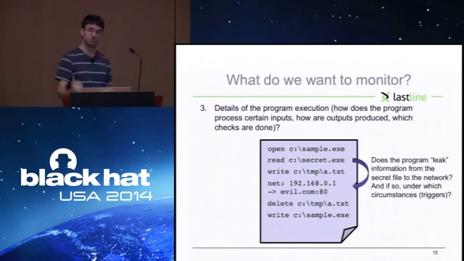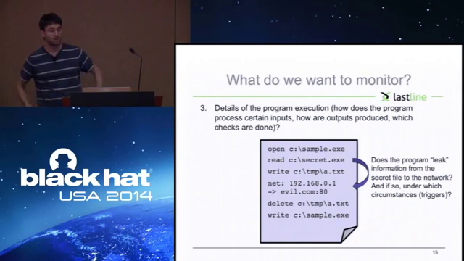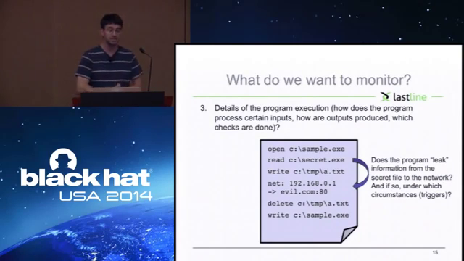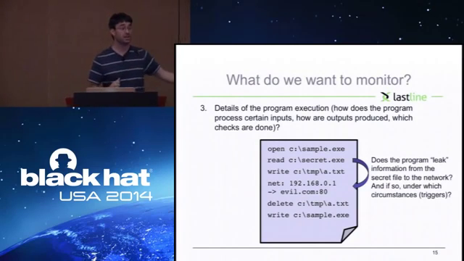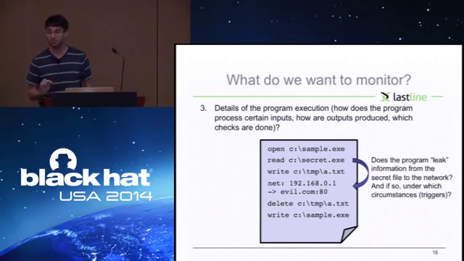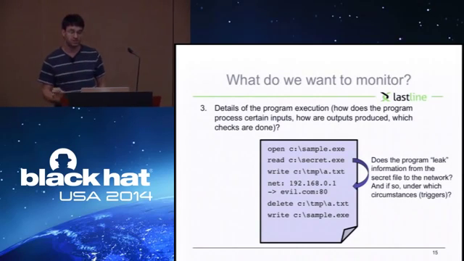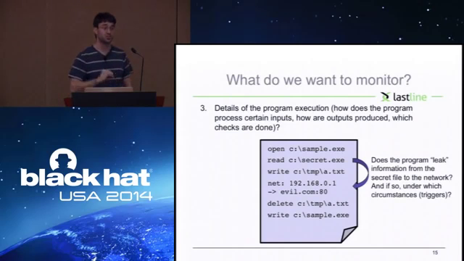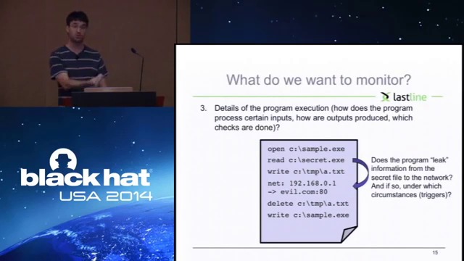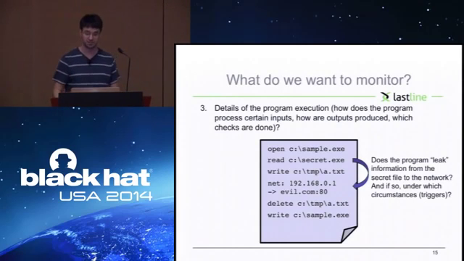So, given the same trace as before, if you look deeper, you can see, for example, hey, does the program leak information over the network that it has previously read from this specific file? Or does it read certain bits of the registry only if it has previously received something from the network, maybe a command that triggers a certain activity?